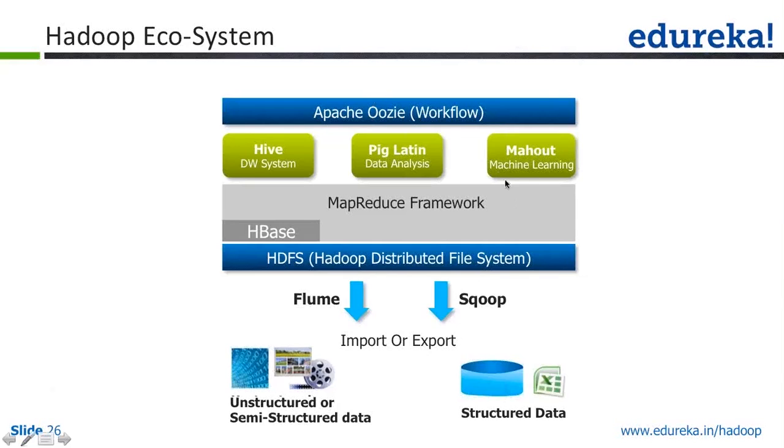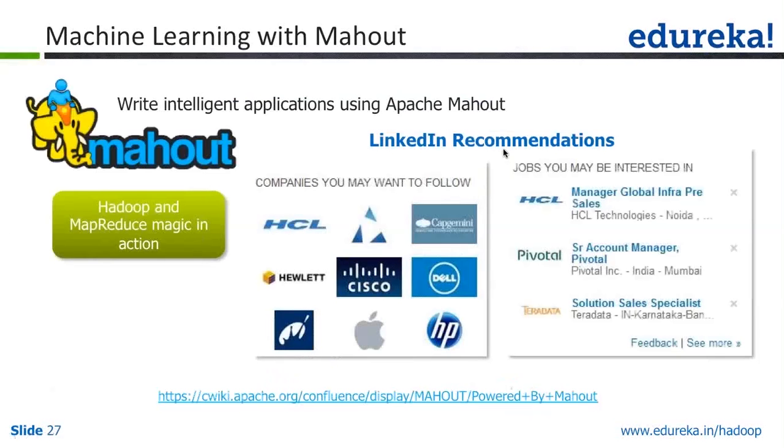Now, Mahout will not be a part of this course, so I'll just quickly tell you a little bit about Mahout. There's a separate course on Mahout, so if anyone is interested, you can pick up that course as well. Mahout is basically Hadoop and MapReduce together. You can write intelligent applications using Apache Mahout. You can also look at this link, which will tell you a lot of things about the people who use Mahout.